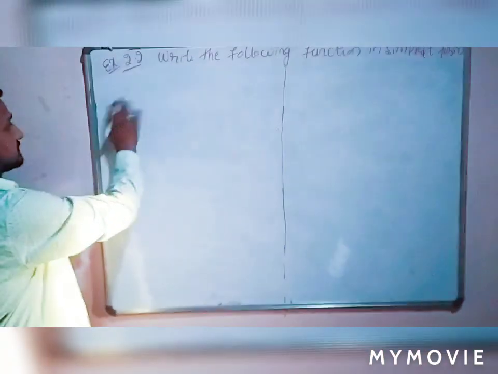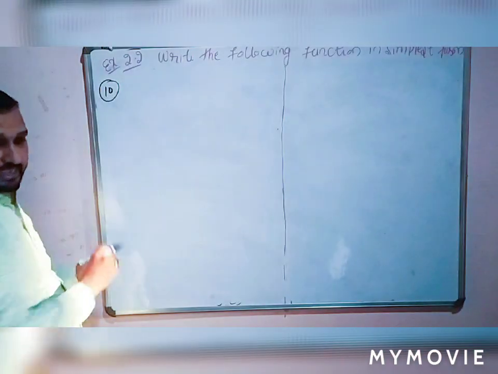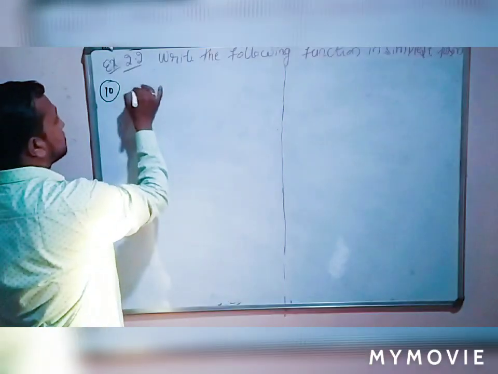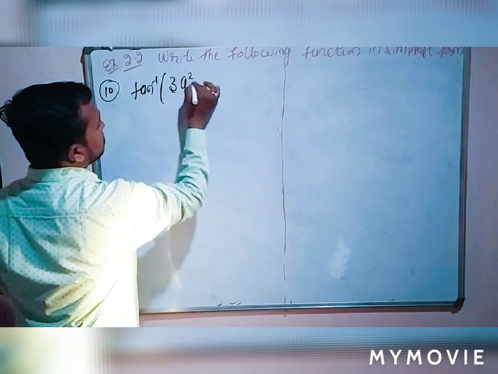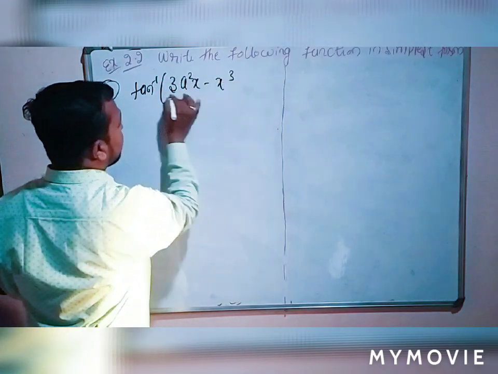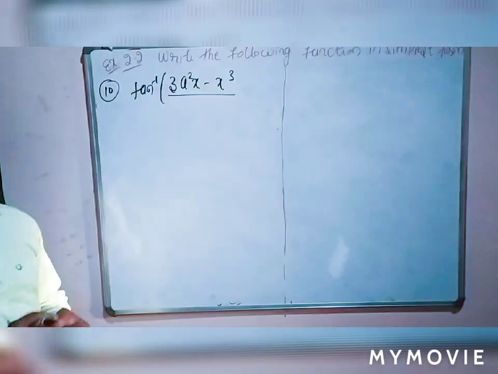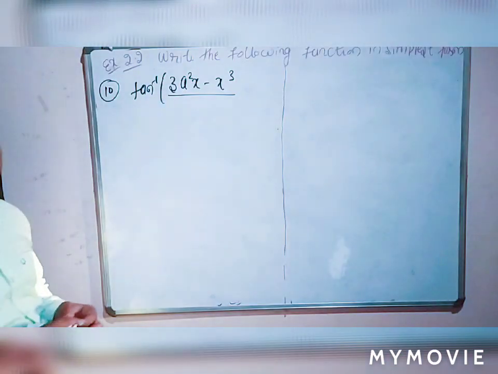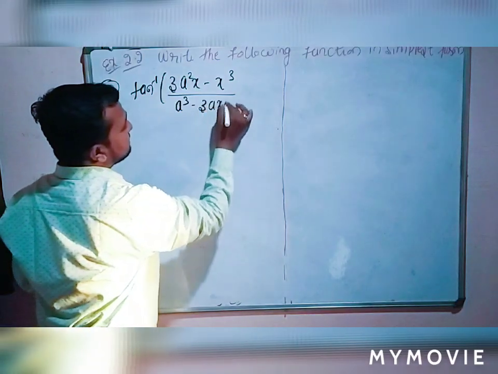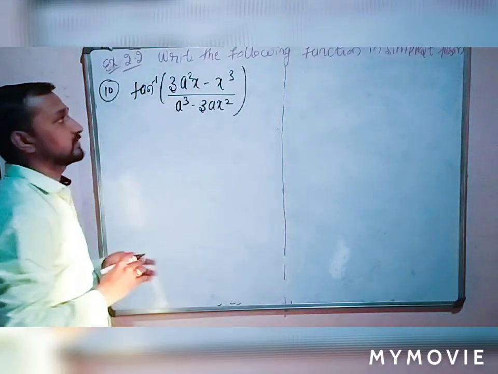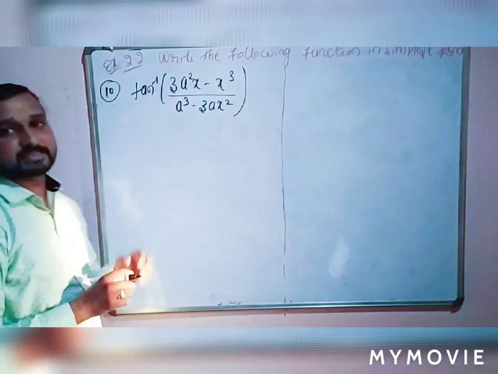Write down: tan inverse of (3a square x minus x cube) divided by (a cube minus 3ax square). This is very easy. Already we solved this example using the tan 3 theta formula.